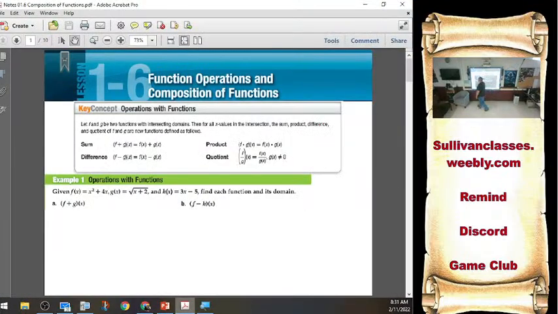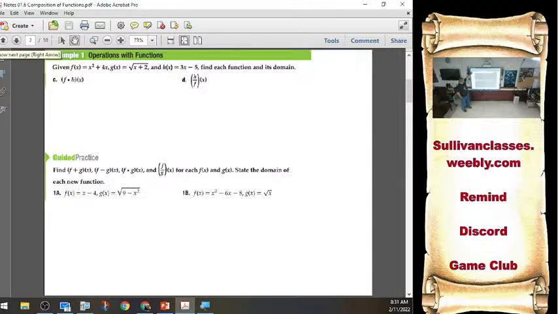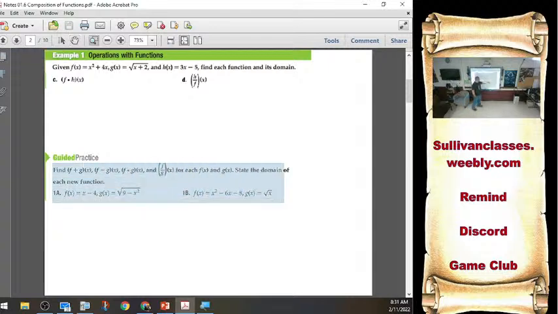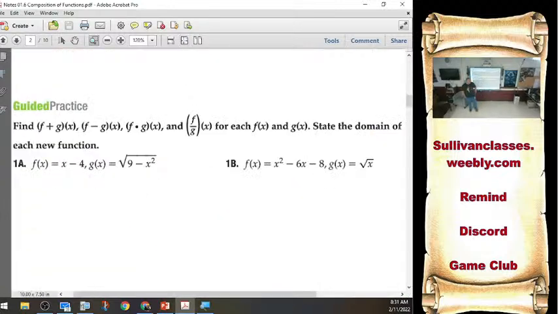Problems 1 through 6. We added, we subtracted, but we did not have the opportunity to do it on our own. We got through multiply and divide as an example. We just didn't have the chance to try it on our own.